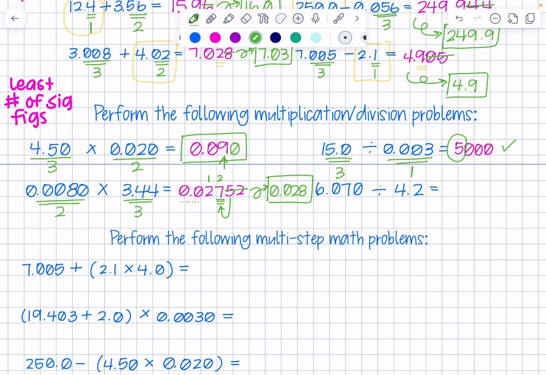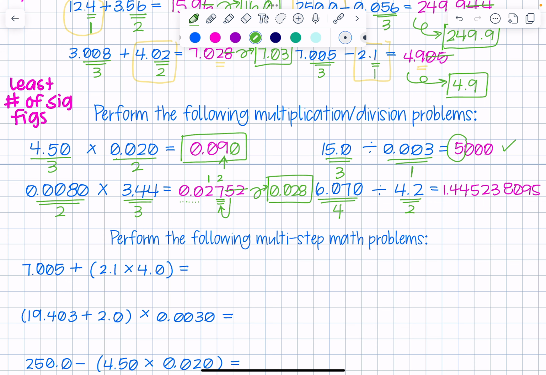All right, and this final question is 6.070 divided by 4.2. That gives me 1.445238095 is what my calculator gives me. That number has 4 significant figures.